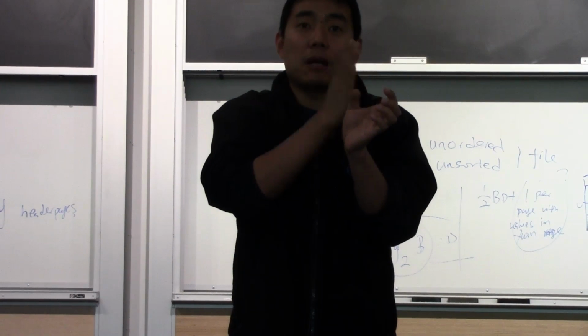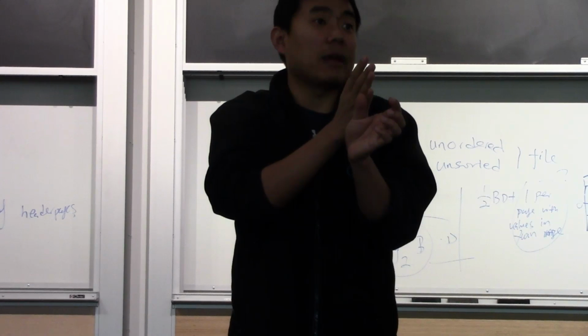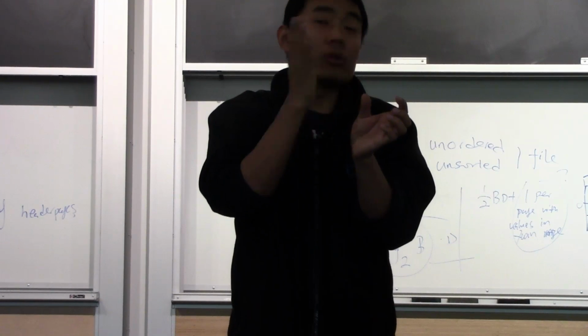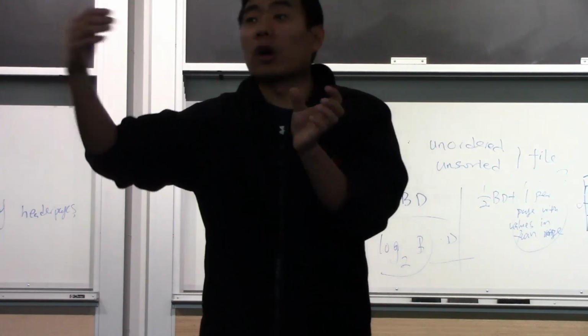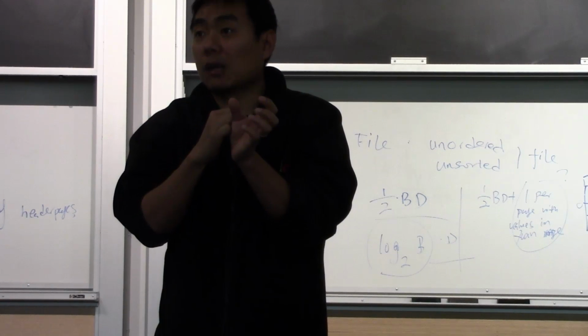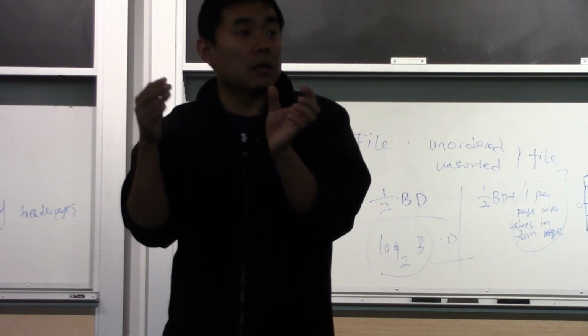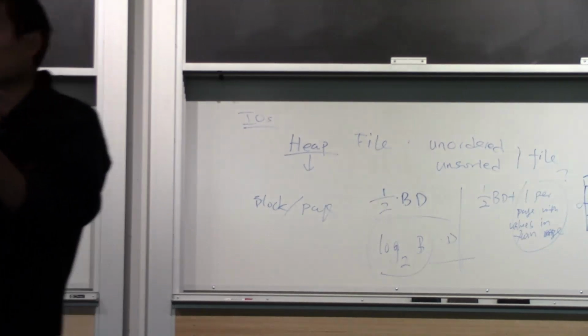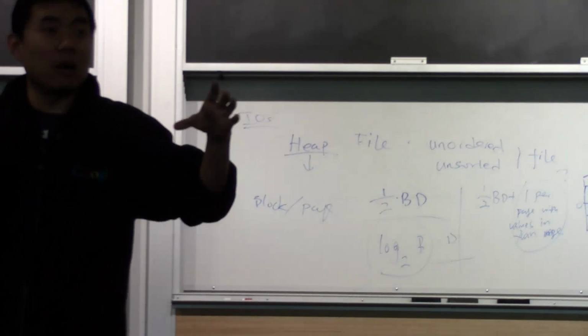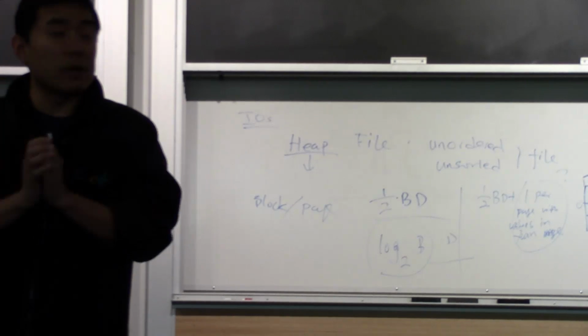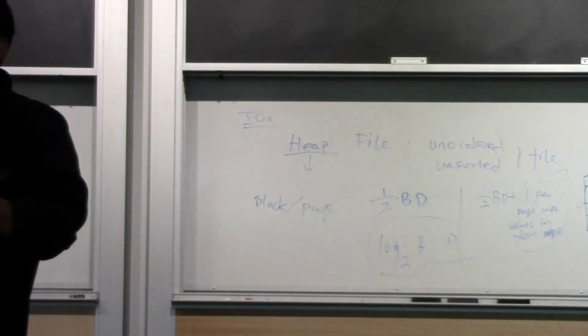But can you terminate your search? You cannot. Because you don't know whether there will be more records in the range or not. So you have to look at the second page. You have to look at the third page. You can only be sure you have exhausted all records in the range when, what happened?